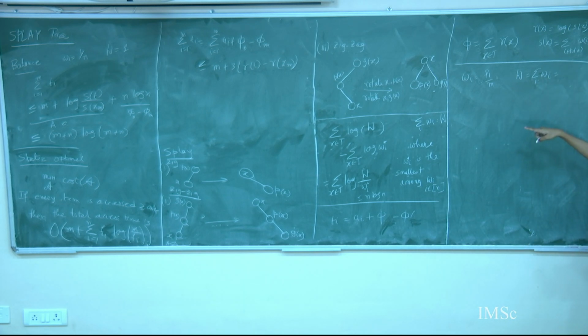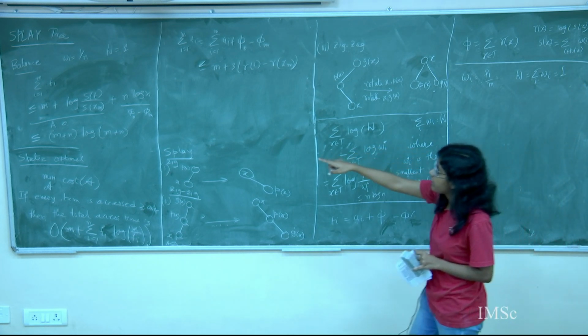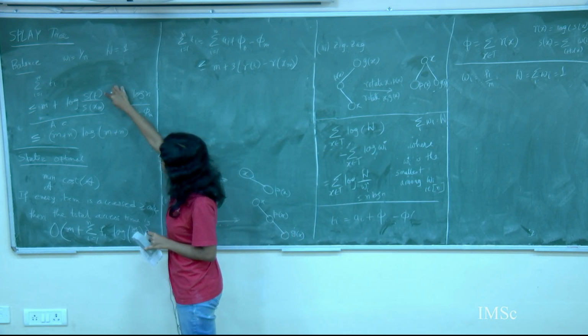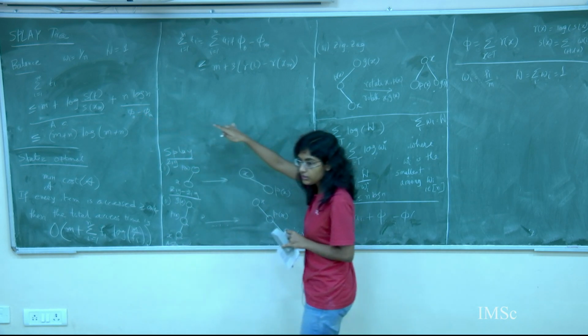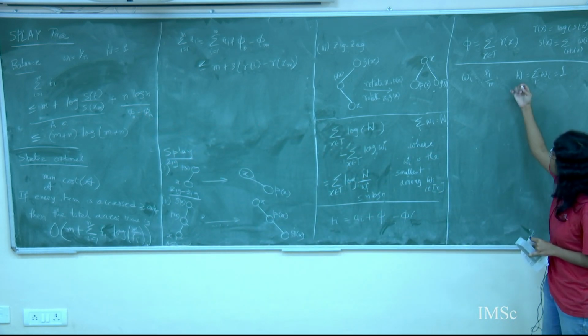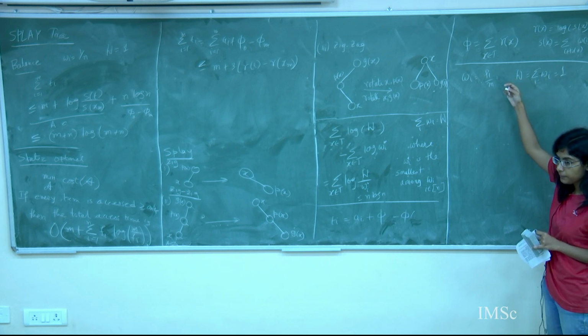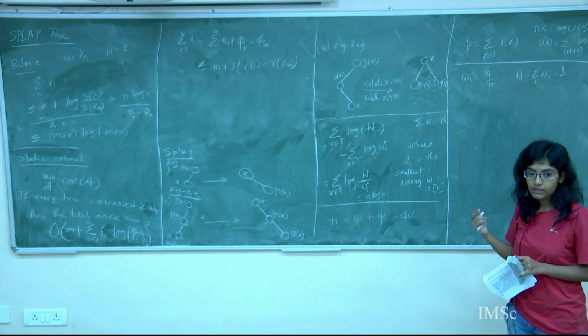The sum over Fi is m, so this is 1. Again if I write it like this, the numerator of the log will be 1 and the denominator will be Fi by m. So I will get log of m by Fi. Is that clear?